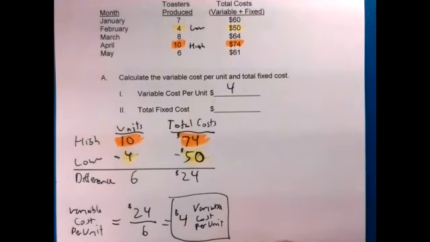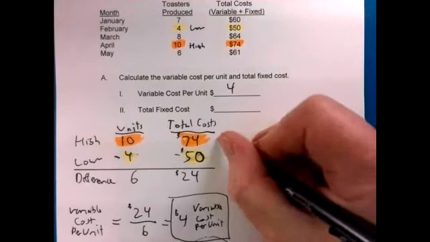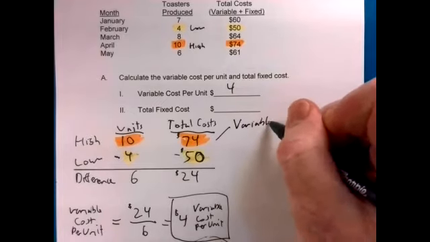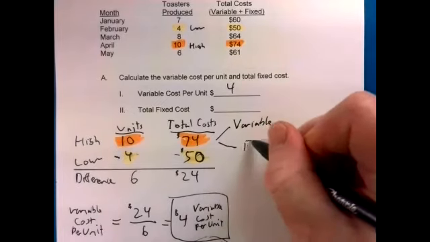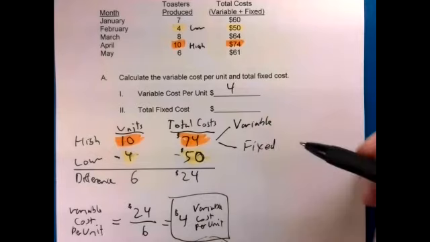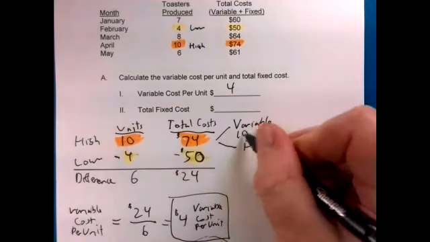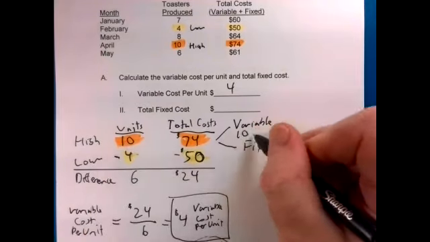So again, this is step 1. And go on to step 2. This is variable. So this is fixed. So the variable will be 10 units times the cost per unit.